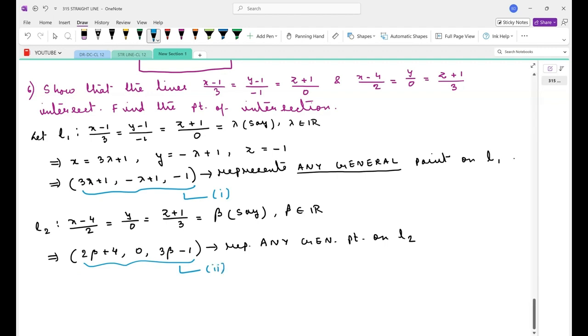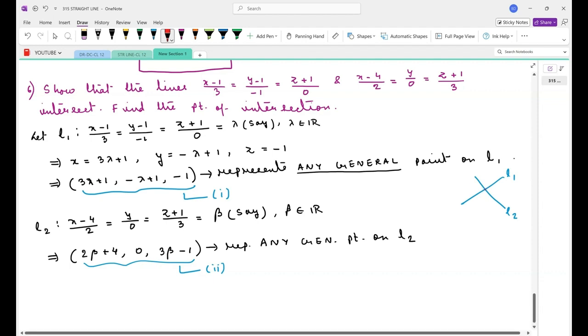Right. So now listen very carefully. This is very important. The first one represents any point on L1 and the second one represents any point on L2. Now, if these two lines intersect, then the point of intersection will be common, that is, it will lie both on L1 and L2.